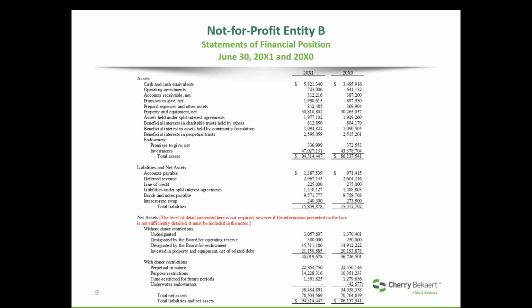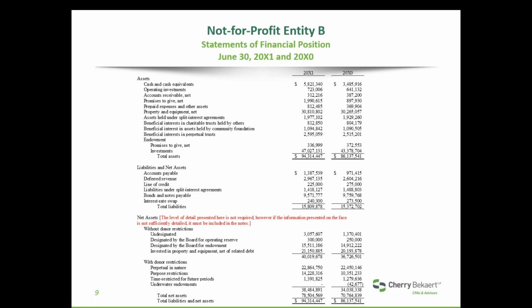So you can see here, if you go down to the net assets section, this one goes into a little bit more detail within each bucket of net assets without and with donor restrictions. In the without donor restrictions bucket, this set of financial statements has shown undesignated, designated by the board for operating reserve, designated by the board for endowment, and invested in PP&E net of related debt.